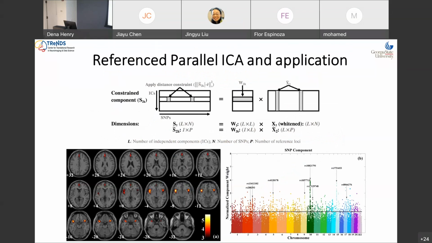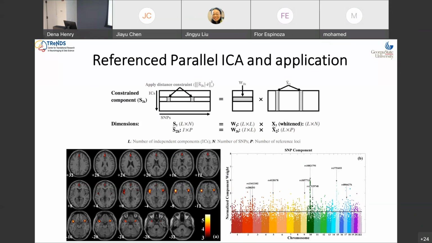However, parallel ICA as it was originally designed is still not able to handle genomic SNPs, which are usually between 500K and 1 million. Why do we want to analyze genomic SNPs, not just those schizophrenia risk SNPs?